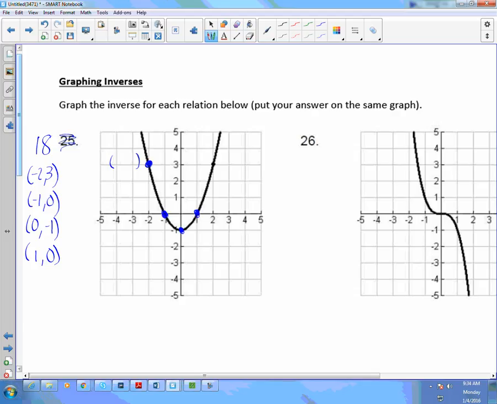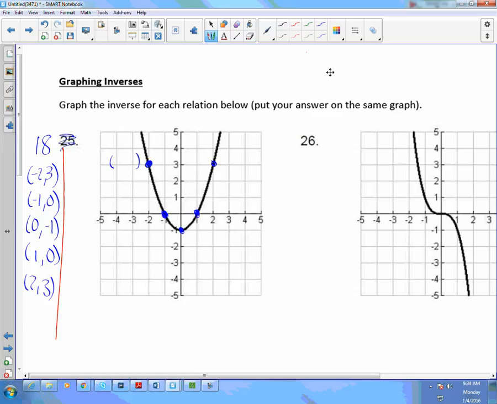Okay, graphing the inverse. Okay, write something. I'll give you your pencil.